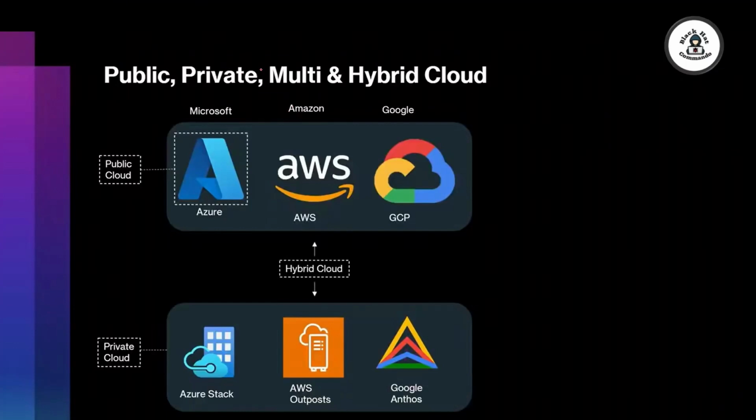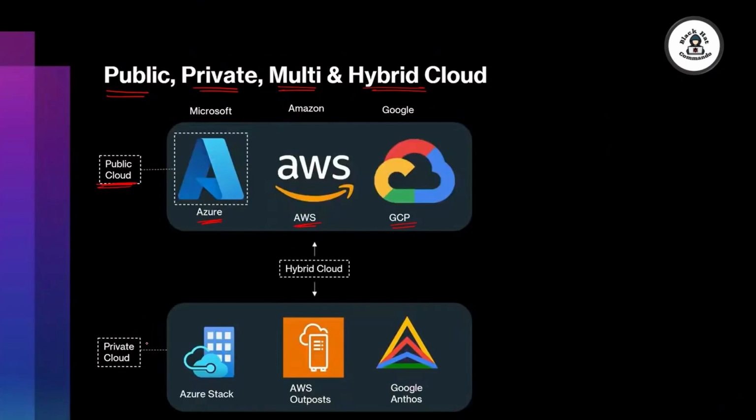There are different types of clouds present: public cloud, private cloud, multi-cloud, and hybrid cloud. We can take an example that Microsoft Azure, AWS, and Google Cloud Platform are public clouds. That means anyone can access.